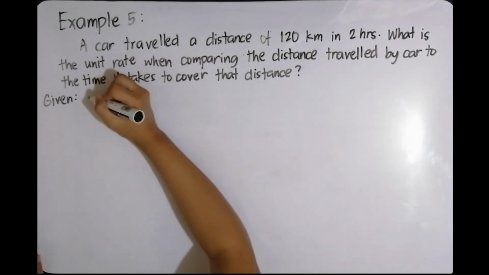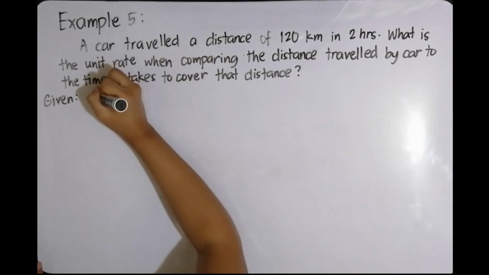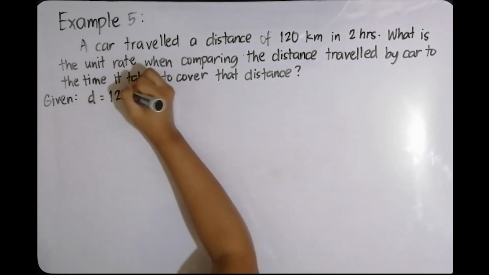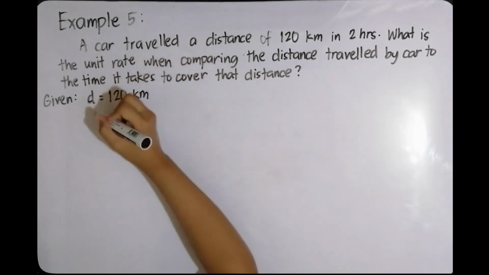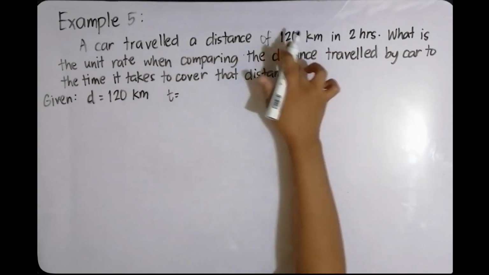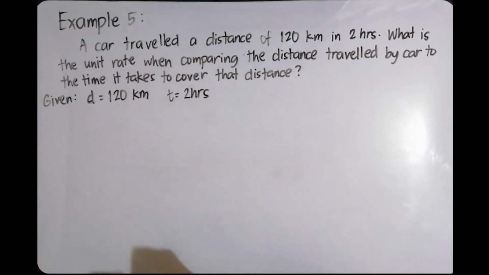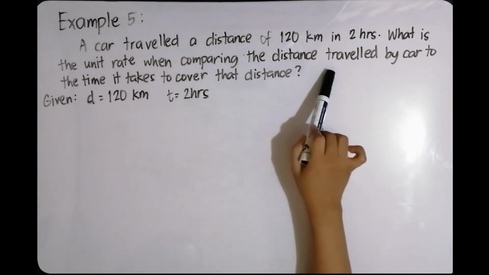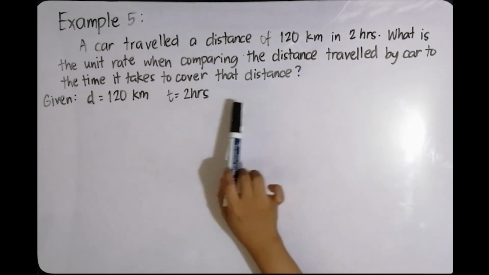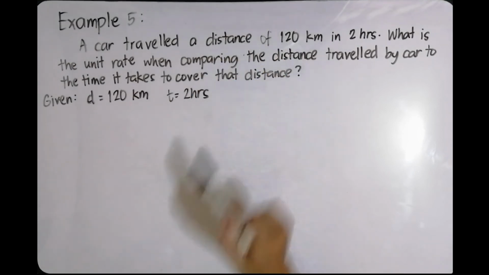The distance that the car traveled, let's have D for distance, equals 120 kilometers. The time it takes to travel these 120 kilometers is equivalent to 2 hours. So we are looking for the unit rate, simply the ratio comparing the distance to the time it takes to travel the 120 kilometers.